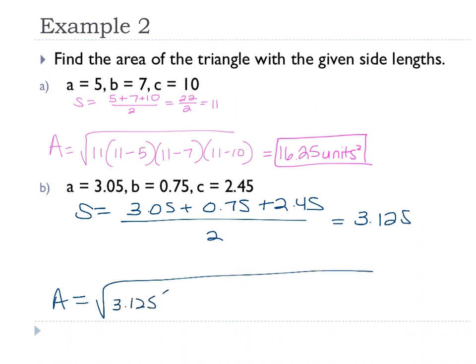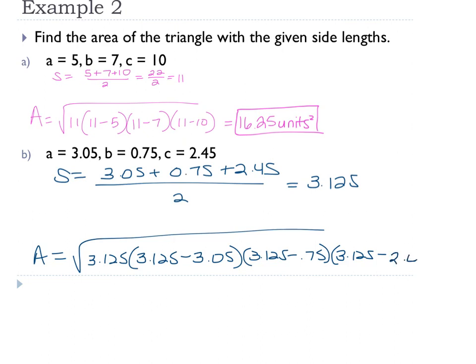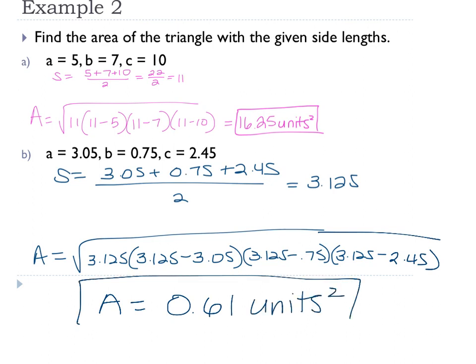So 3.125 times 3.125 minus 3.05, 3.125 minus 0.75, and 3.125 minus 2.45. And I get 0.61 units.